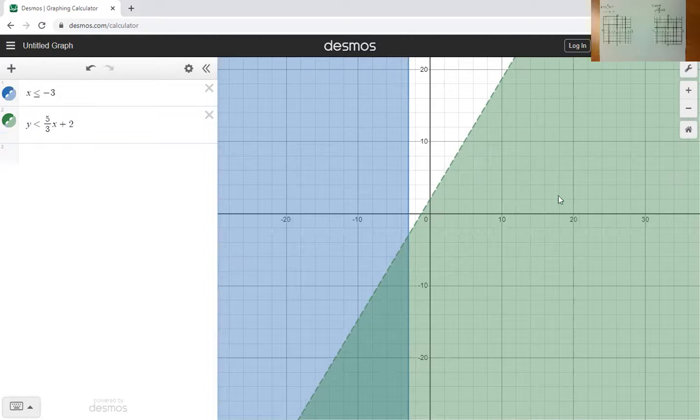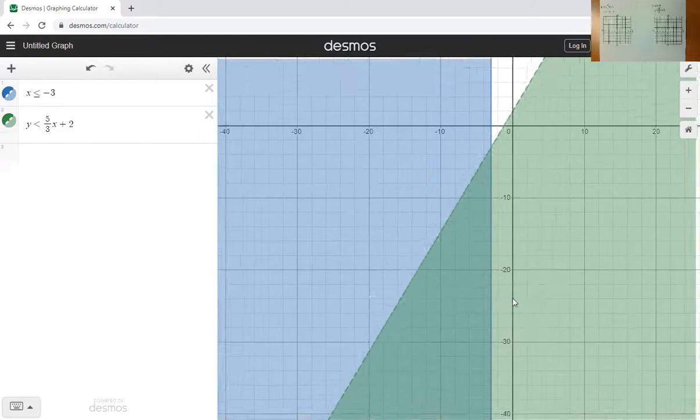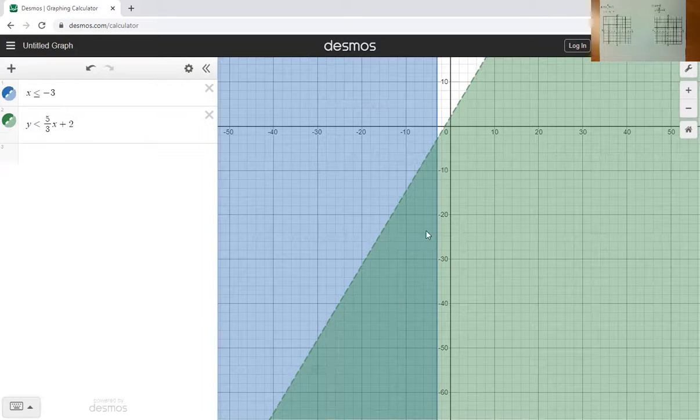So remember, first quadrant is positive, positive. Second quadrant, negative, positive. Third quadrant, negative, negative. And fourth quadrant, positive, negative. So looks like those solutions are completely bound to the third quadrant.